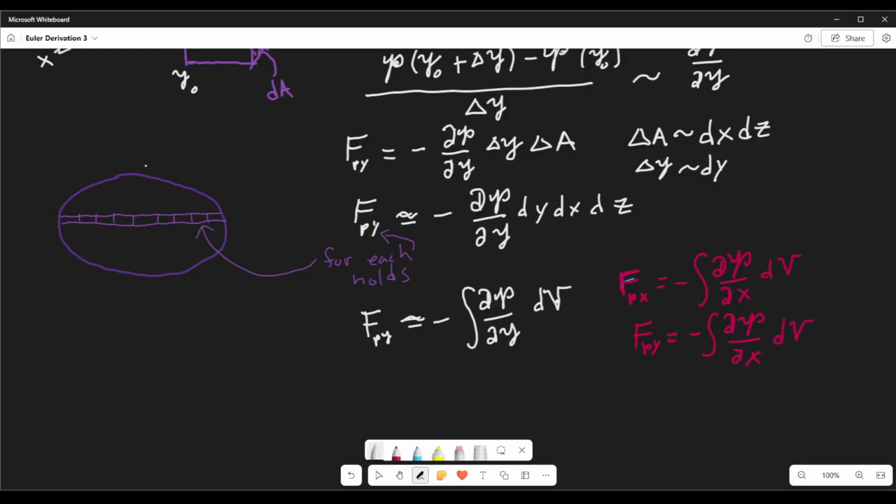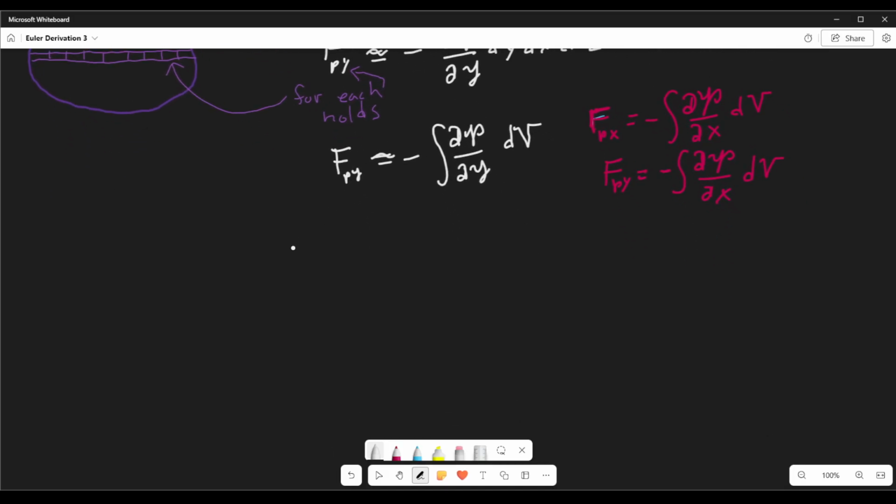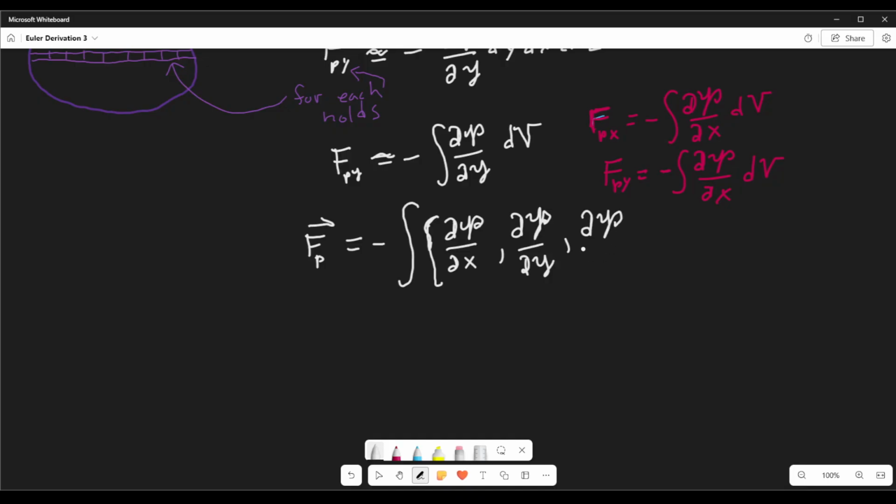So in the end, what this basically means is the force of the pressure as a vector actually equals the negative of the integral of this vector, which looks like the partial of p with respect to x, y and z, and then times the integral of the volume.